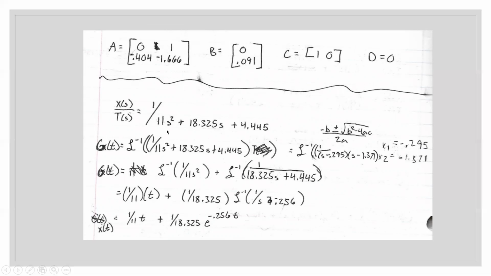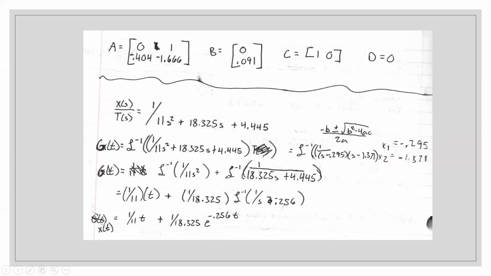And here I am finding the inverse Laplace to put this back into the time domain so that we can find the x displacement. So I took the 1 over 11 out. 1 over s squared is equal to t.